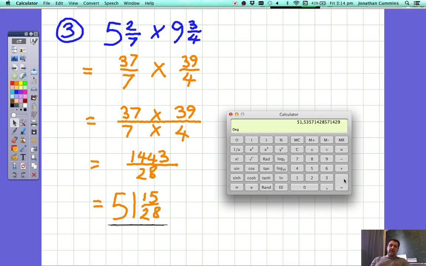So for that reason, I know that 28 goes into 1,443 51 times with a bit left over. So I know the big number's 51 just from doing that. I know it's 51 and a bit. Now, if I do the 51 times 28, I only get 1,428. But I've actually got 1,443 here, so that's how I know that I've got 15 left over. So 51 and 15 over 28.